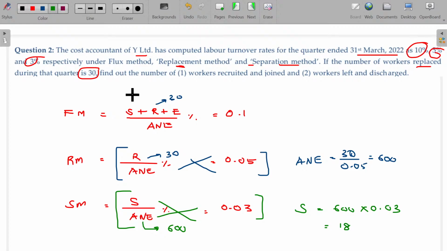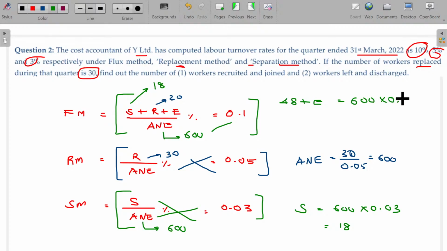And I can substitute available information in the flux method. Number of employees separated from us 18. Average number of employees being 600. And we can find out the E as a missing data. 18 plus 30, 48 plus E is equal to, this 600 is transferred to the other side, so 600 into 0.1.